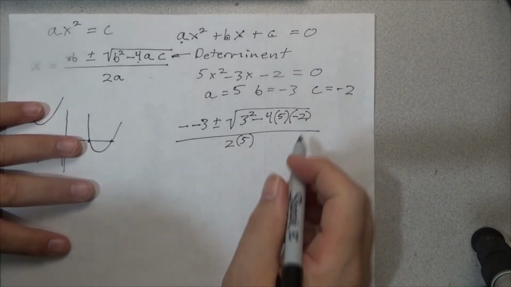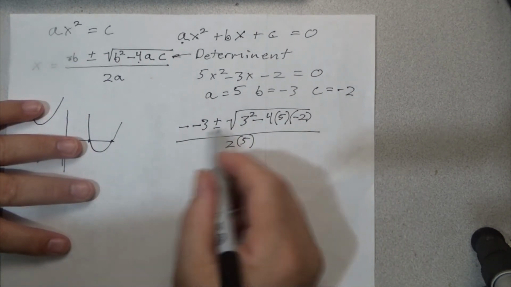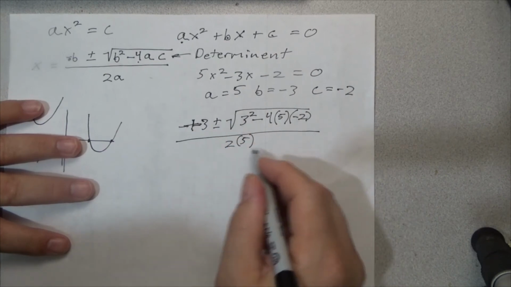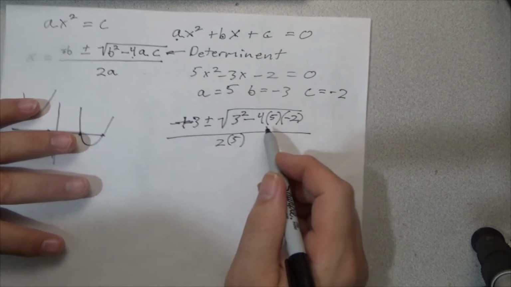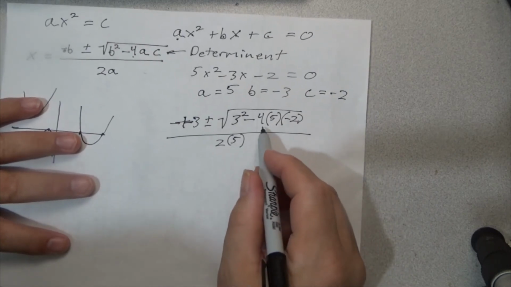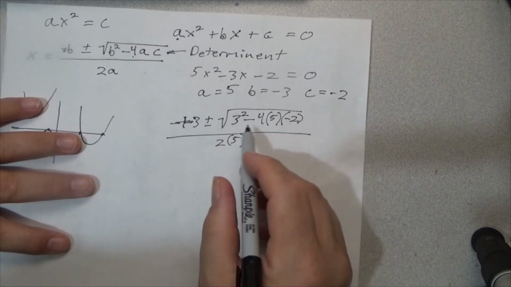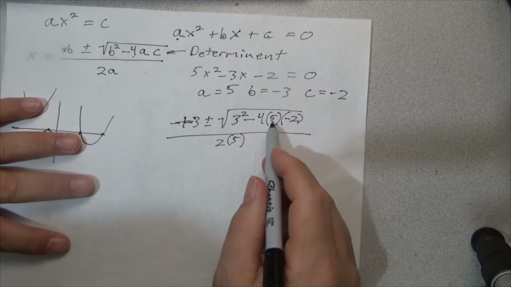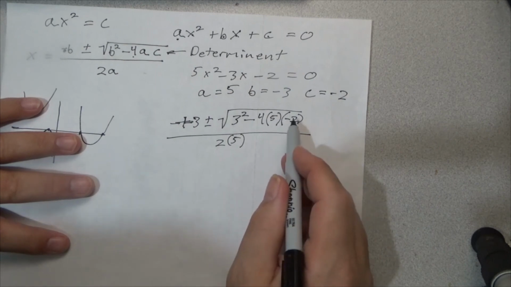Now, simplifying this, this becomes a positive right there. That's 10. Let's look under here. Negative and negative is going to make a positive. So 4 times 5 is 20. Times 2 is 40.